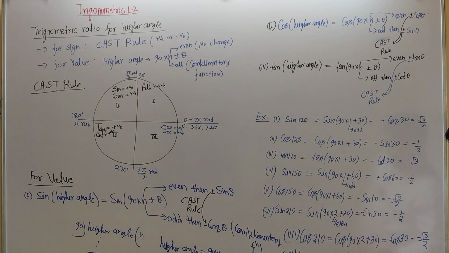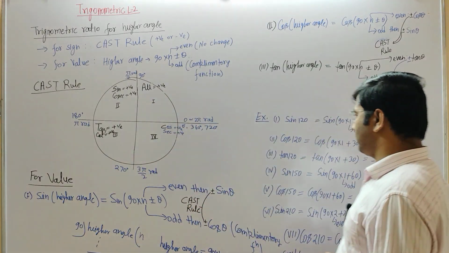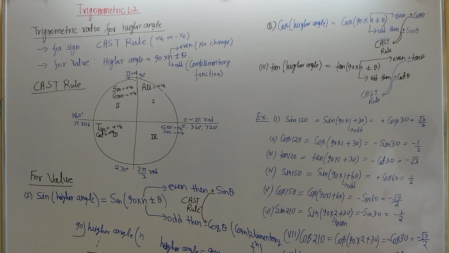So here n is odd, so tan will become cot 30. And 300 is greater than 270 and less than 360, so it is in the fourth quadrant. In the fourth quadrant tan will be negative. In the third quadrant tan is positive, but in the fourth quadrant it will be negative. So this is cot 30. Tan 30 is 1 upon root 3, so cot 30 is root 3. This is negative.